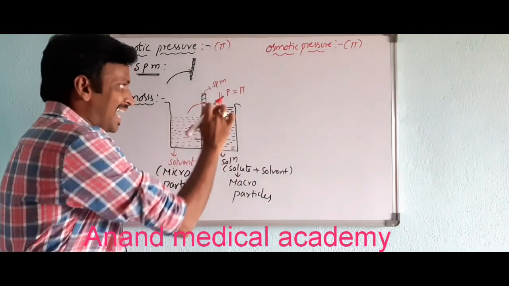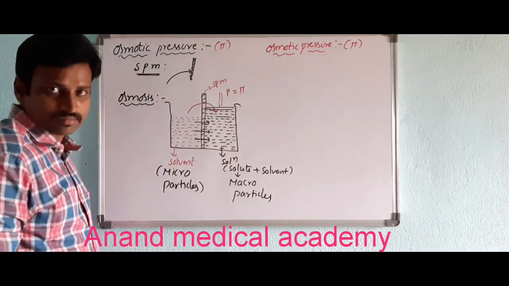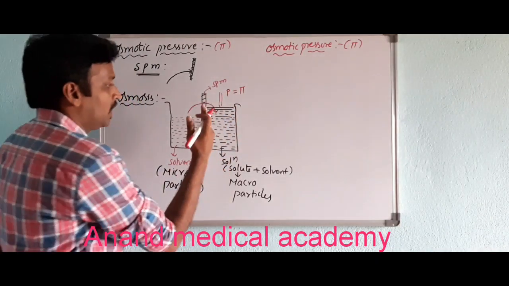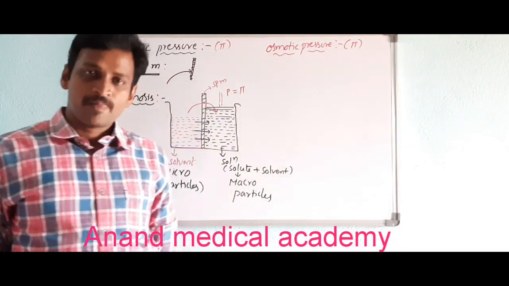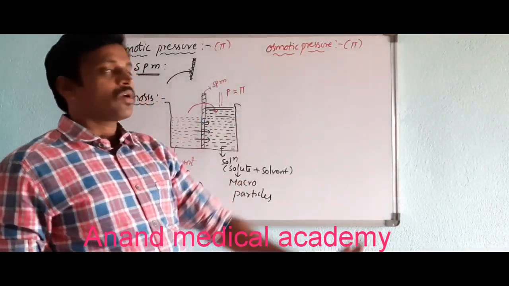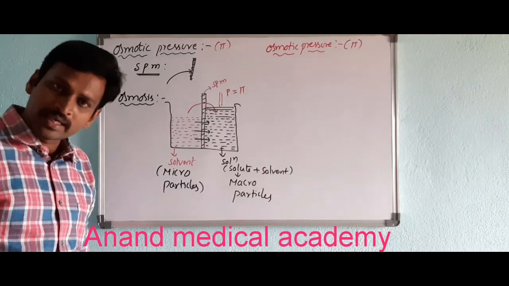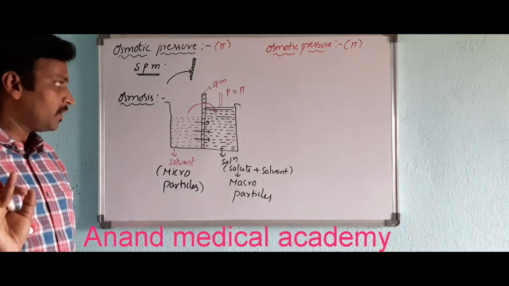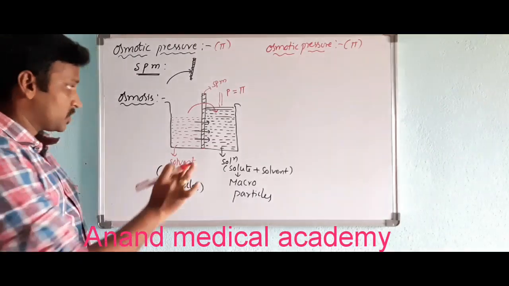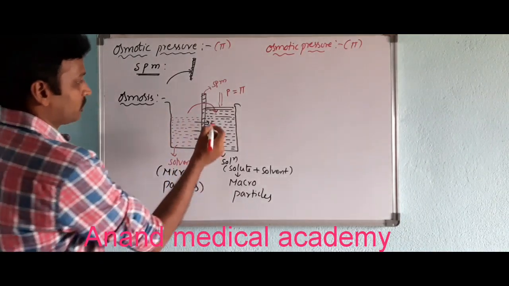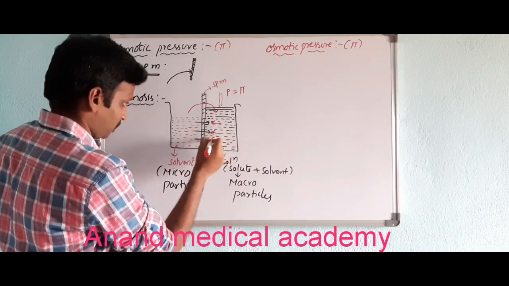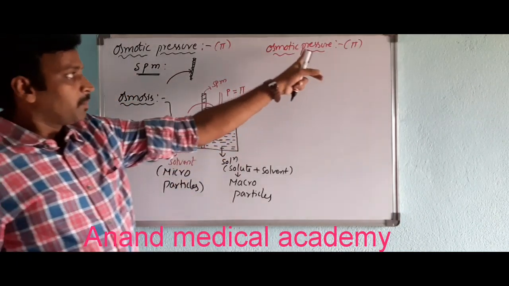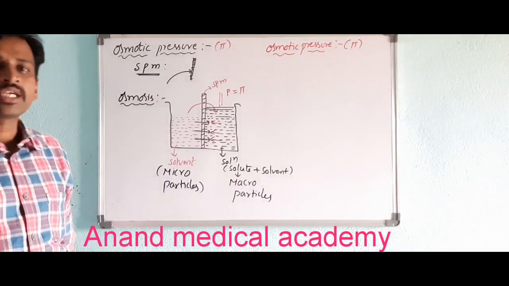The pressure at which both are equal, the pressure at which the osmosis process stops, is called osmotic pressure. Got it clear? So at a particular pressure, the osmosis process will stop. It will oppose like this, and at this particular pressure osmosis will stop. That particular pressure is called osmotic pressure.